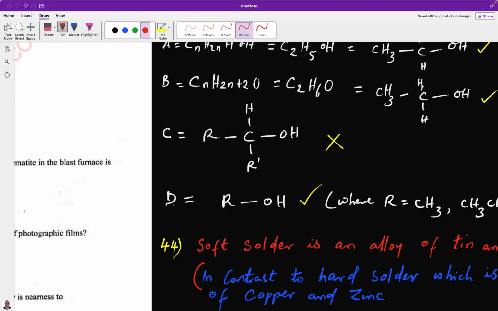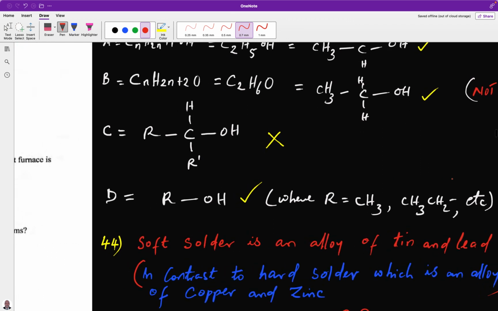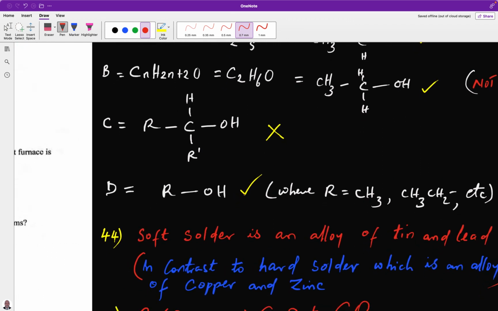Now, D is ROH. This R could be a methyl group, it could be an ethyl group, it could be a propyl group. So this is still a primary alcohol.